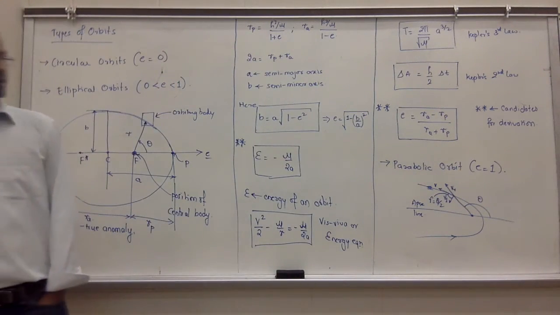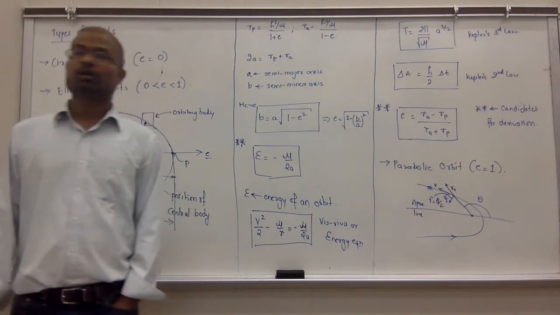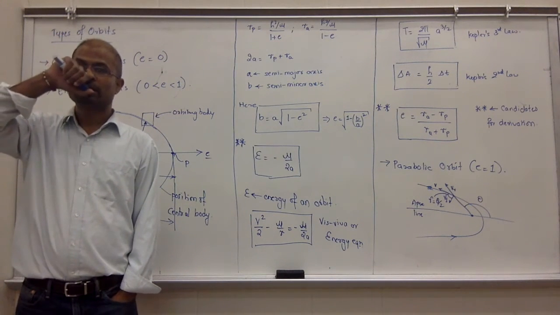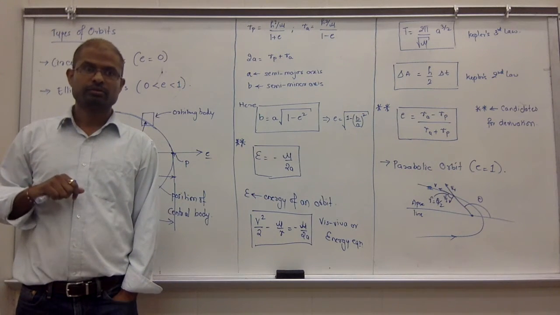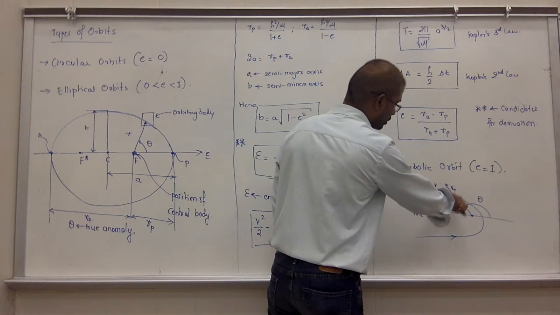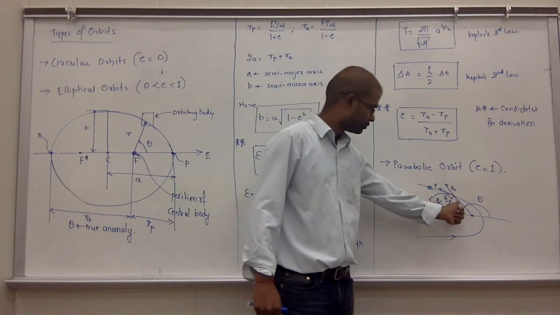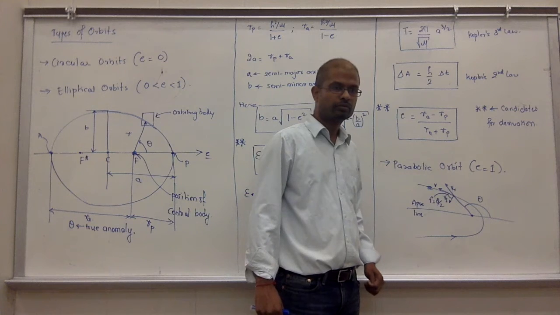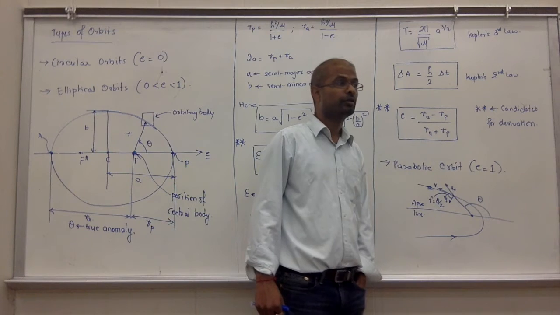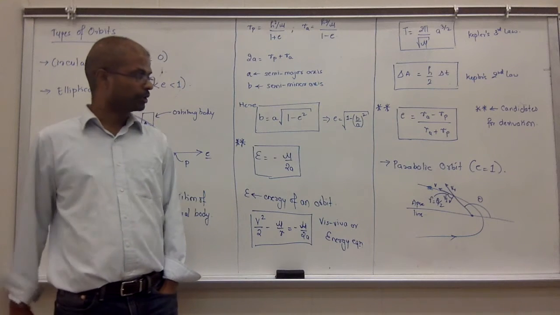In satellite or orbital mechanics, we define something called local horizontal and local vertical. Local horizontal is the horizon. This is the local vertical, the perpendicular.